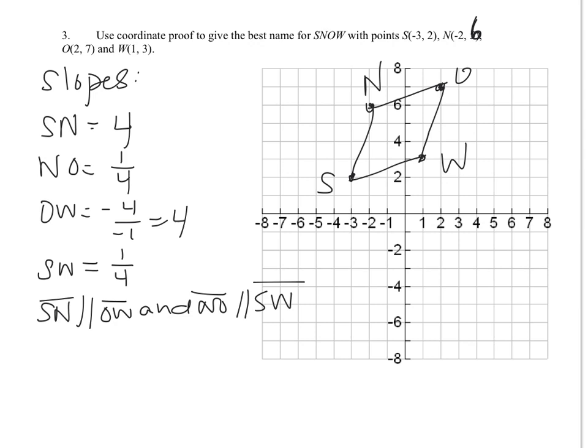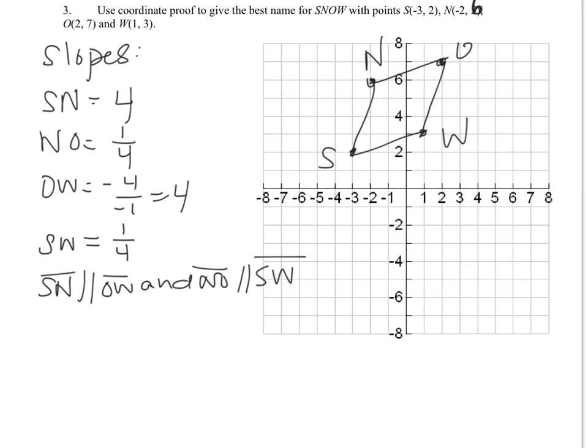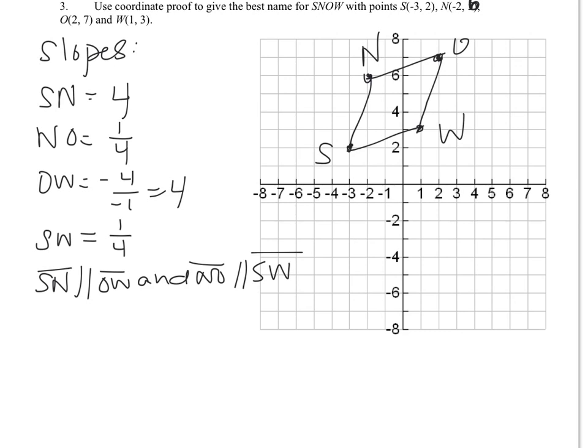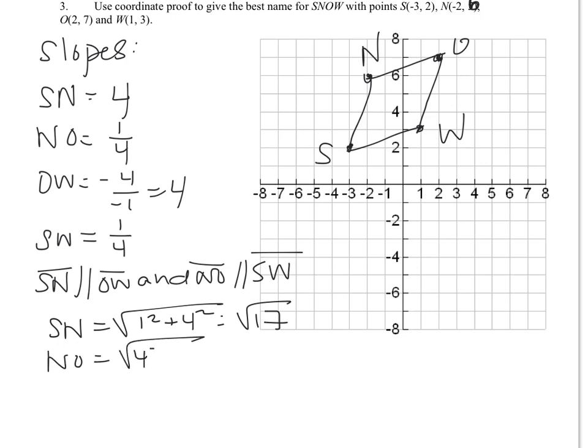And we want to know what kind of parallelogram this is. It could be a rhombus. It looks like it might be a rhombus. So for that, we're going to need the distance formula. The length of SN is the square root of 1 squared plus 4 squared, which is the square root of 17. From N to O, we have 4 squared plus 1 squared, which is also the square root of 17.